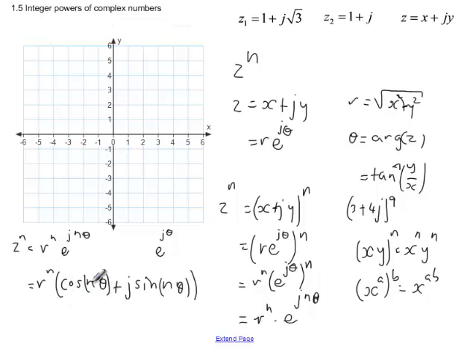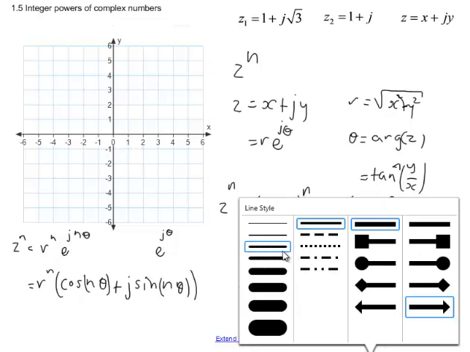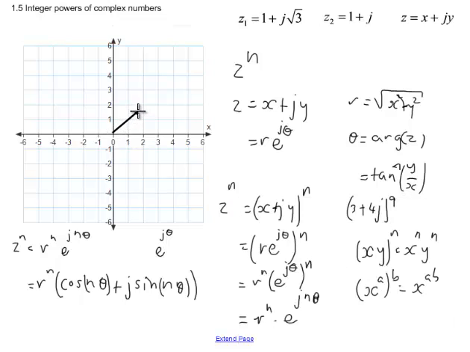Look at what's happening here. It tells you that if we had an angle like, let's say, 45 degrees, you elevate that thing to power 2, what's going to happen to the angle? It's going to double.